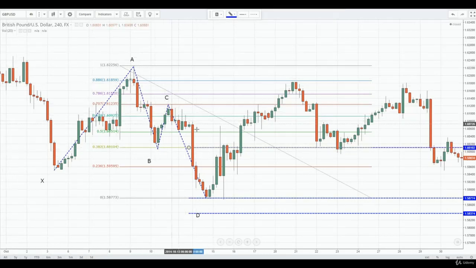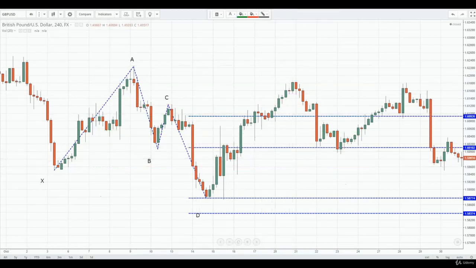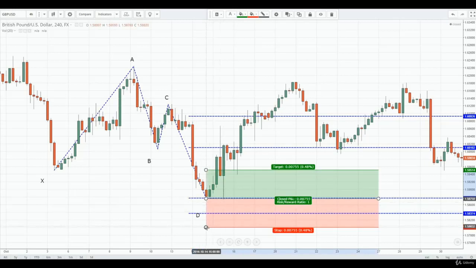And then the 618 comes in at 1.60925. And that is going all the way out to the 5th decimal for you. And then let's look at a risk reward here. So we come in here and I'm going to put it just beyond.